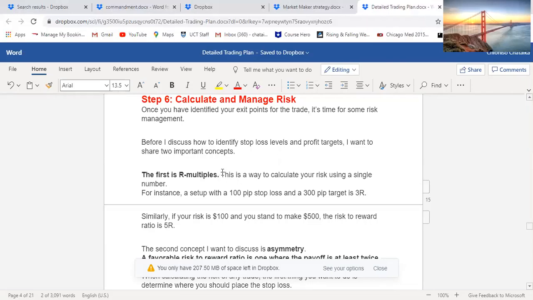So if you're going to just double your money, say you're risking $10 and you stand to make $20, then you don't enter it. How do you calculate how much you stand to make and lose? A lot of brokers have risk calculators. They show you basically how much you stand to lose and how much you stand to win.